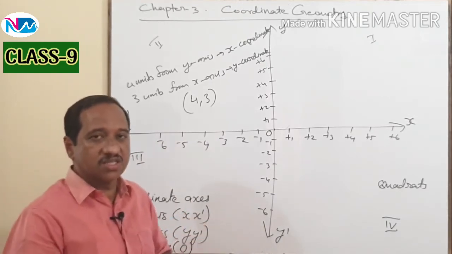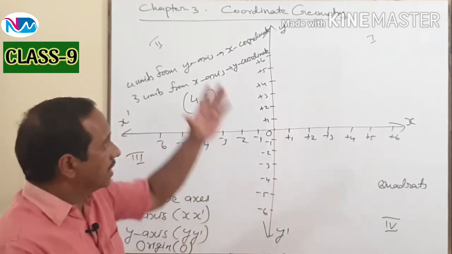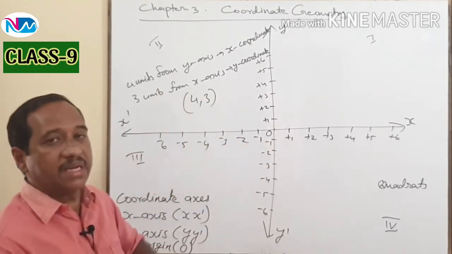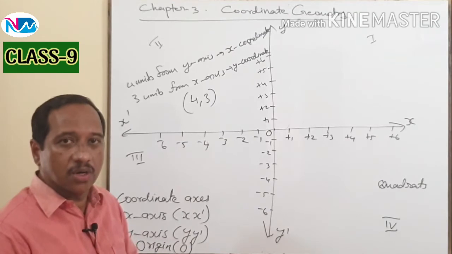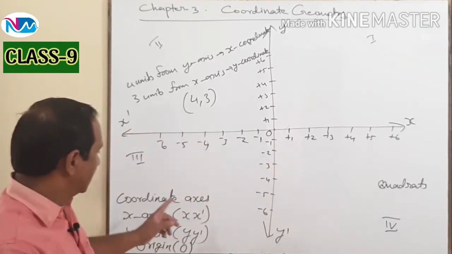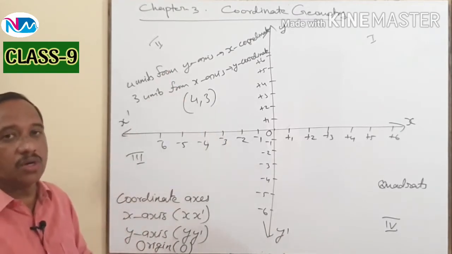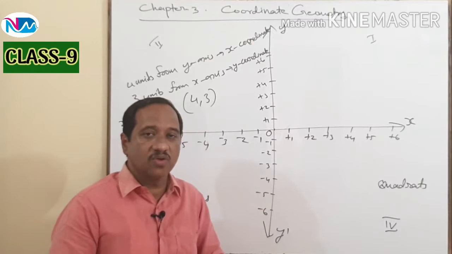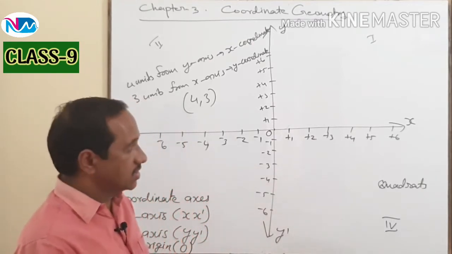So in the Cartesian system of coordinate geometry, a plane is divided into 4 quadrants by means of 2 perpendicular lines which are called the coordinate axes. The horizontal axis is called x-axis and the vertical axis is called the y-axis. The point of intersection of the x-axis and y-axis is called the origin.